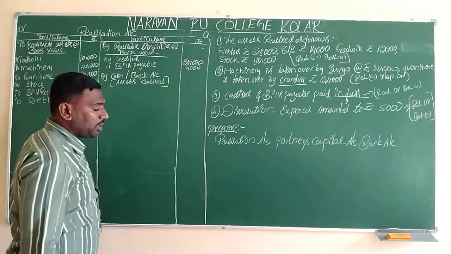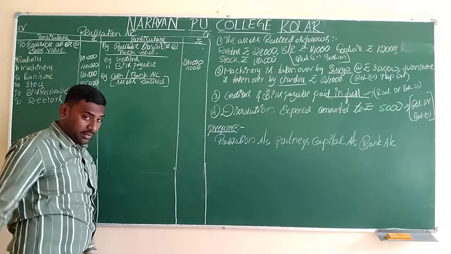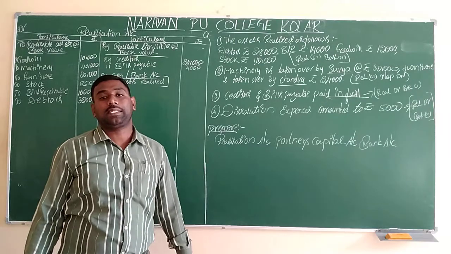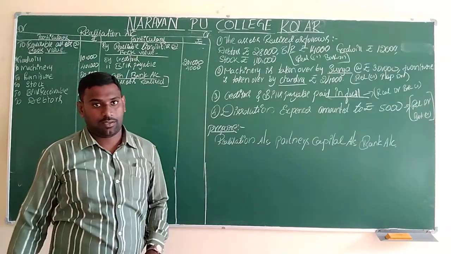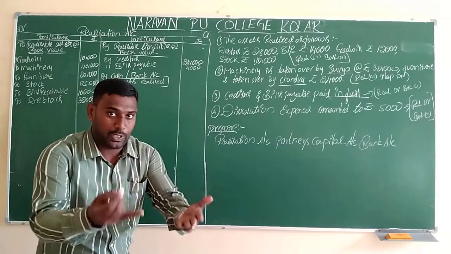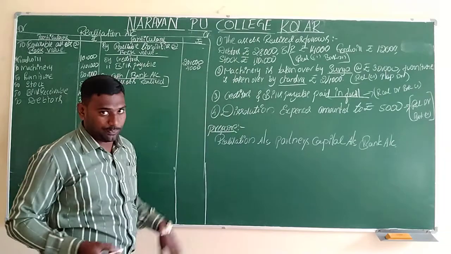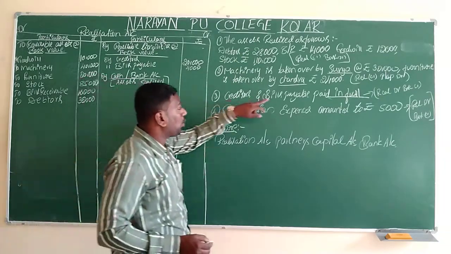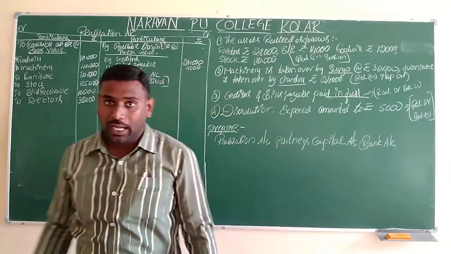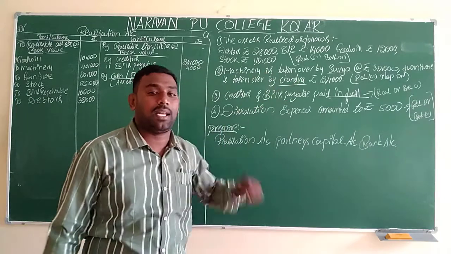Assets realized information is always available in the adjustments. Here a few assets are realized, that means they are ready to sell. Which are those? Debtors, bills receivable, goodwill, stock. Sometimes goodwill will not be realized in the adjustment.